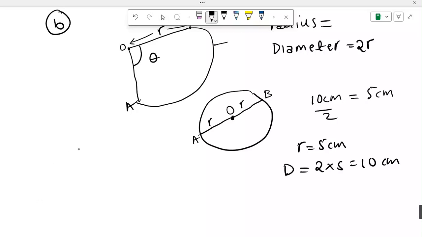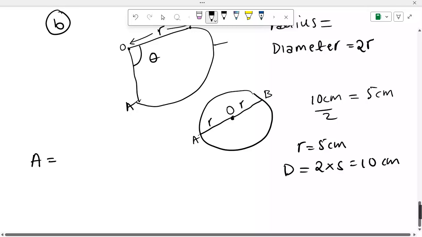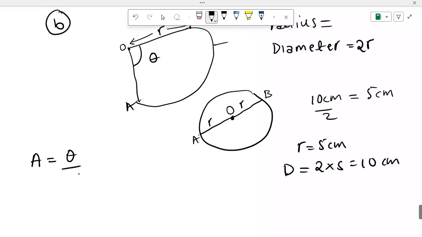So how do you find the area of the sector? Area of the sector is theta, the angle of the sector, divided by 360 degrees, then you multiply it by pi r squared.